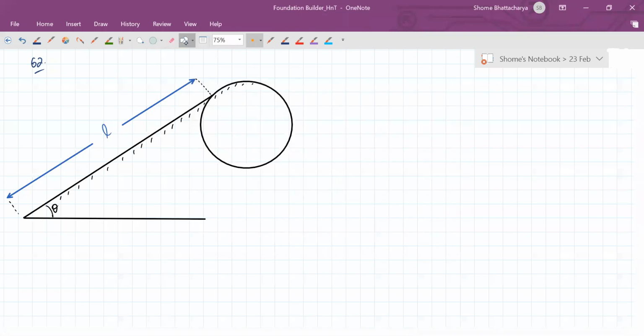And the radius of this surface, this spherical surface, is R. So one interesting thing you'll see here is that if we draw the tangent here, this angle should be actually 90 degrees. So we'll draw this more carefully.